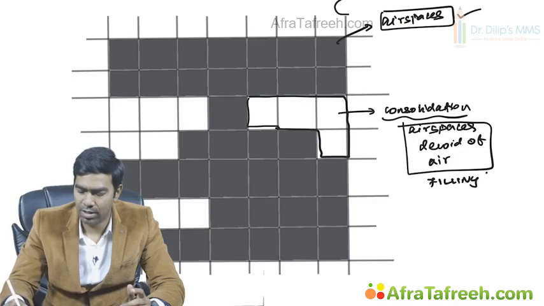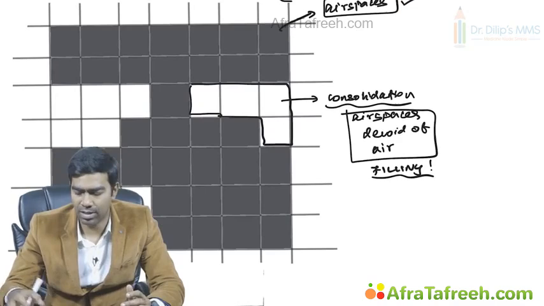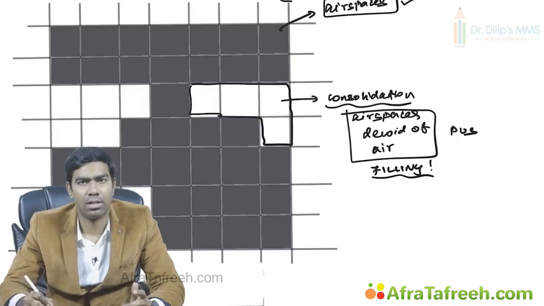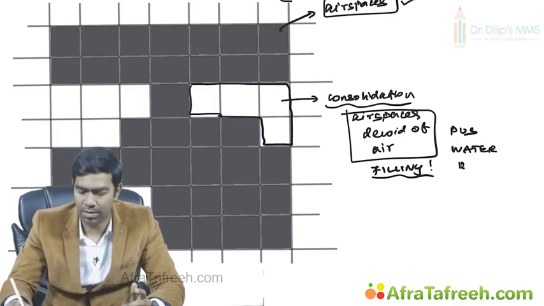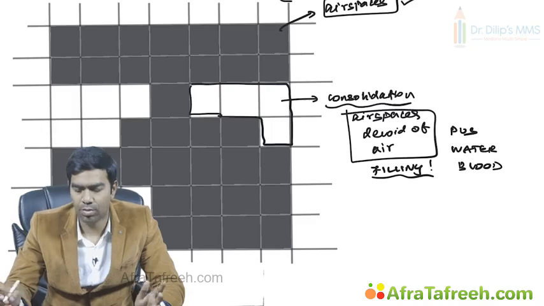Alveoli is filled with something else. This is called an alveolar filling process, and it can be with pus, it can be with water like pulmonary edema, it can be with blood in case of a pulmonary hemorrhage, anything. So this is what is going to happen.